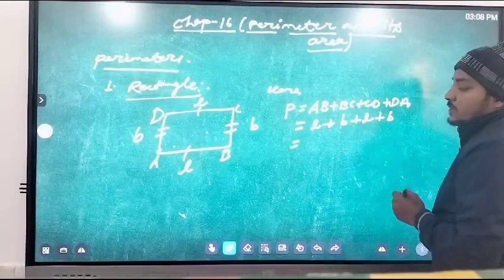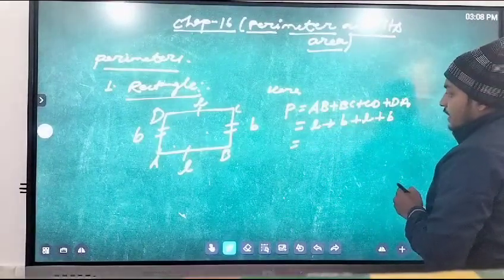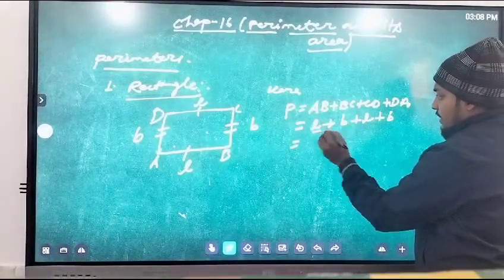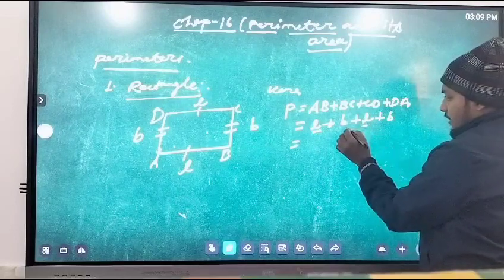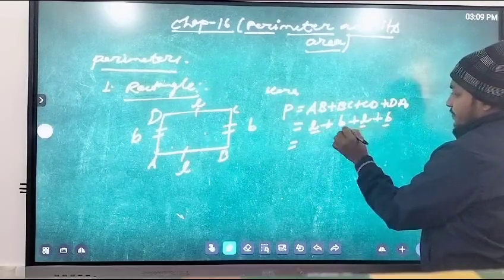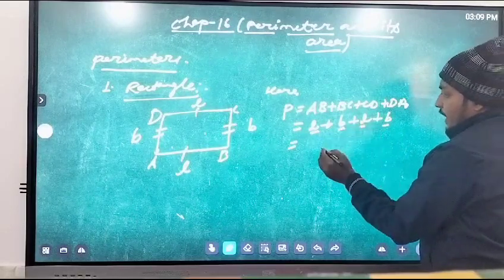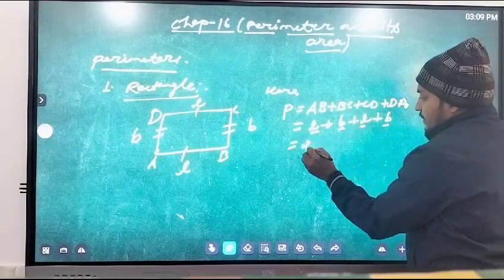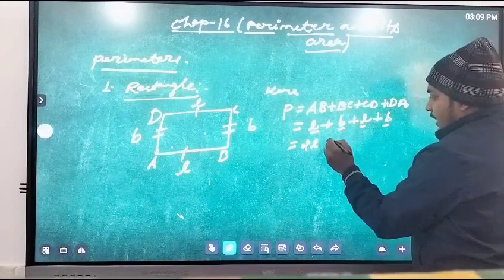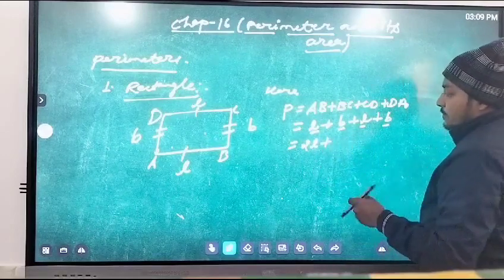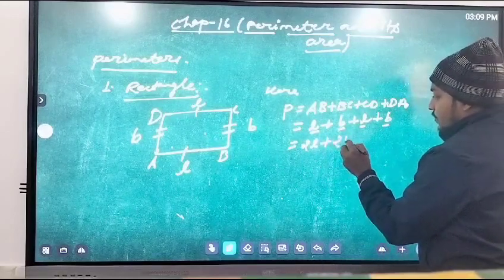Here we have to use addition of algebra. Like terms are these. First we add L plus L, which is 2L, and B plus B, which is 2B.